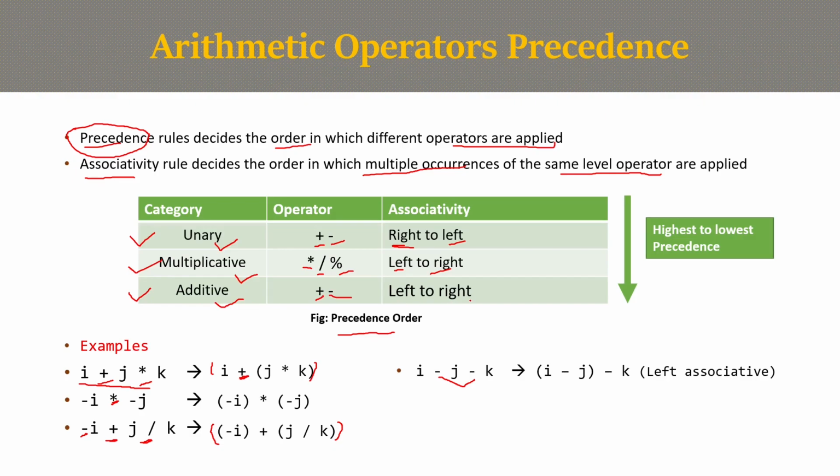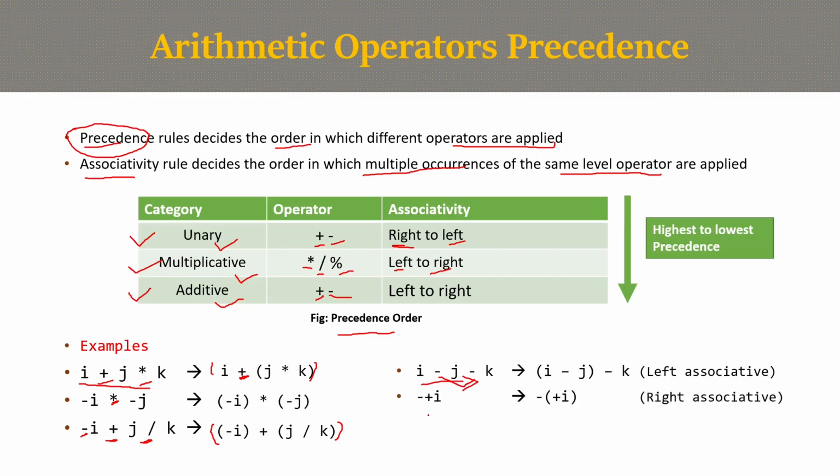This is where you implement your associativity rule. The associativity rule decides the order in which multiple occurrences of the same level operator are applied. Here you see multiple occurrences of minus, so we need to go from left to right. The left operands of the left operator will be evaluated first, so i minus j will be evaluated first since we are going from left to right for minus.